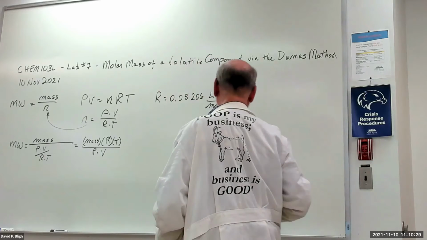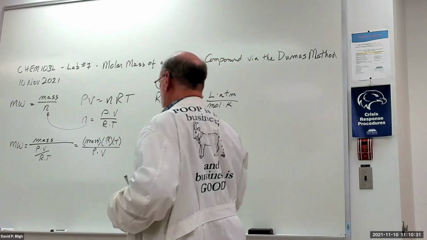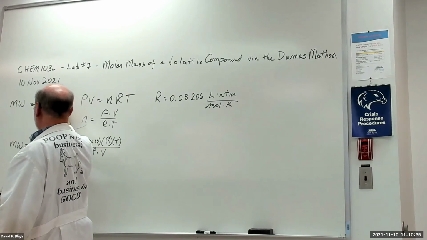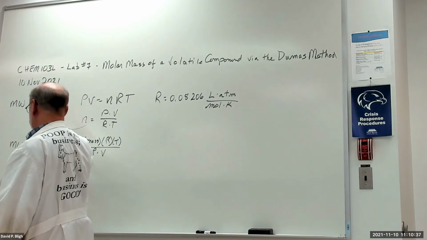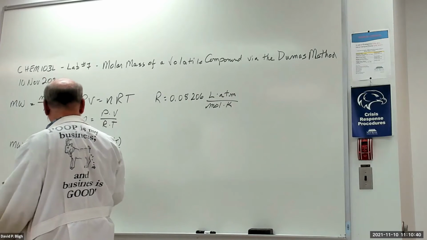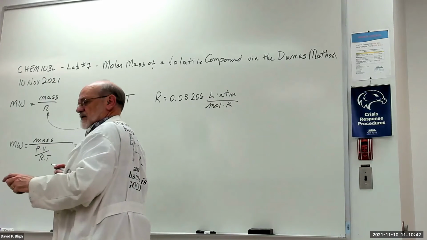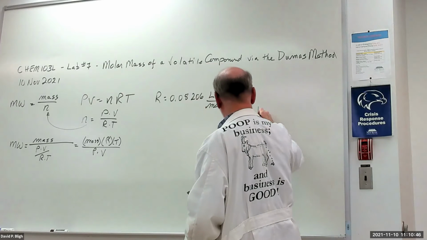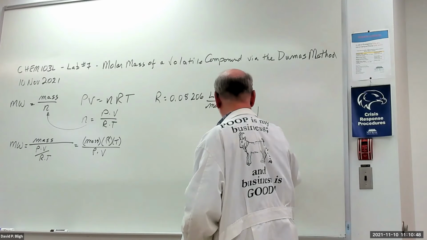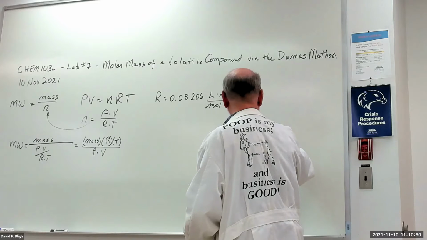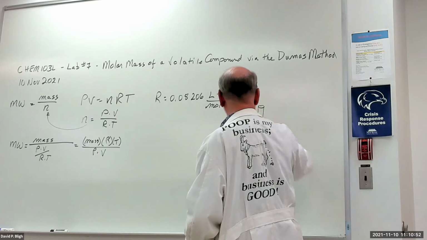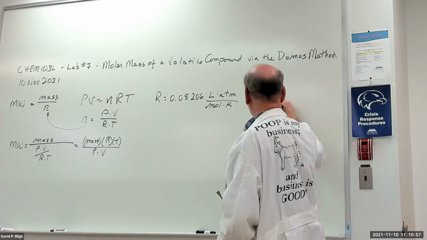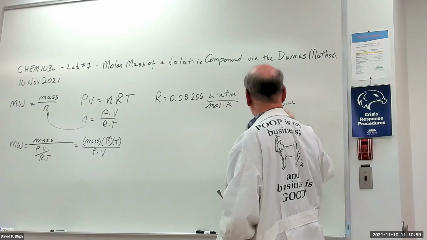Okay, so how do we do it? Well, you need to be able to find out the mass of the gas and how many moles it is. So how do you find the mass of your gas? Well, you have your Erlenmeyer flask here, and it says it's nominally a 125 milliliter flask.